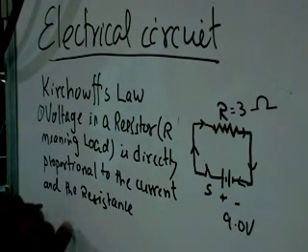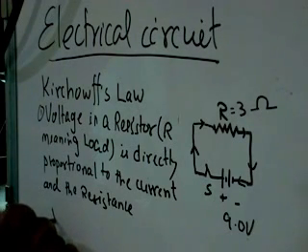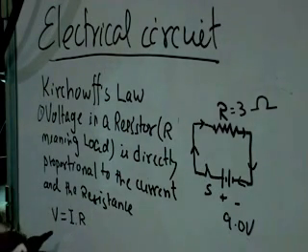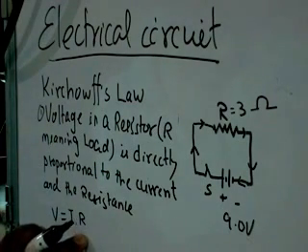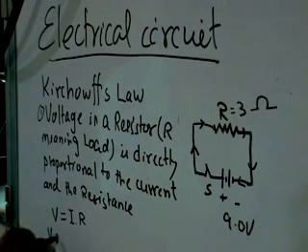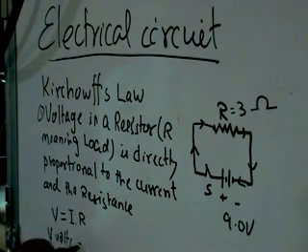So the formula is V for voltage is equal to I and R. I is the amount of current and R is the amount of resistance. Voltage in volts is equal to I amp into R ohm.